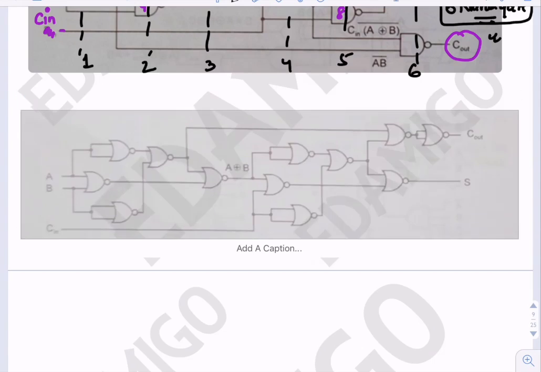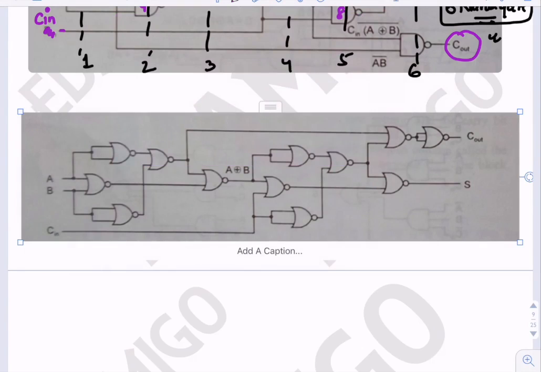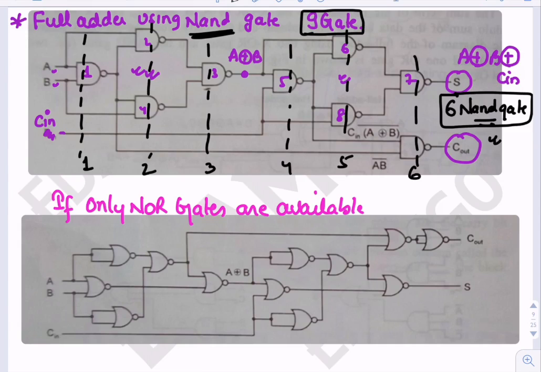So if only NOR gates are available, as we know, in NOR we need 5 NOR gates to design an XOR gate. So that is what is happening here.